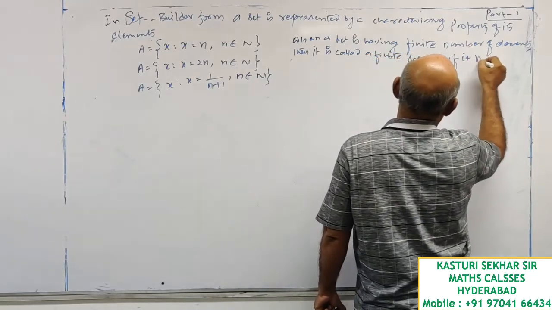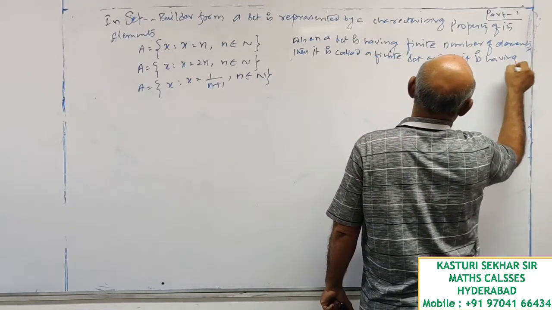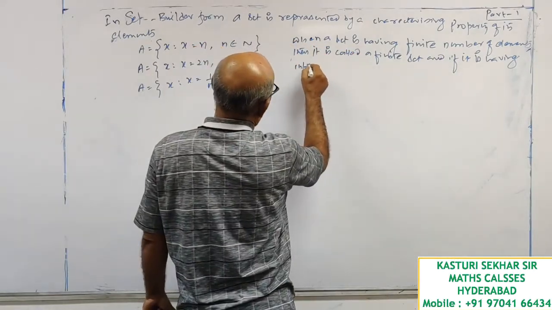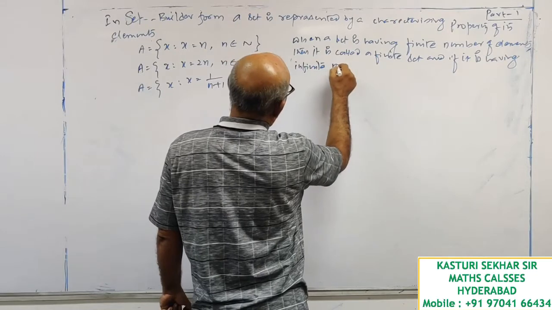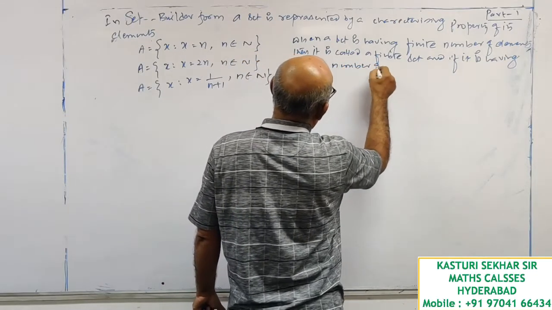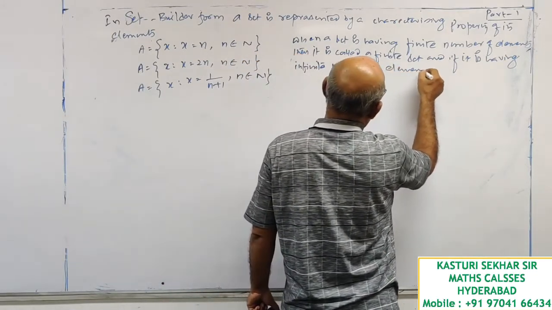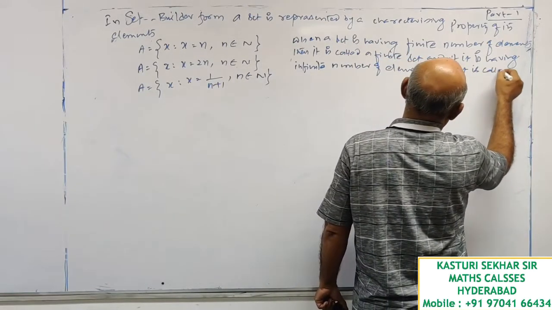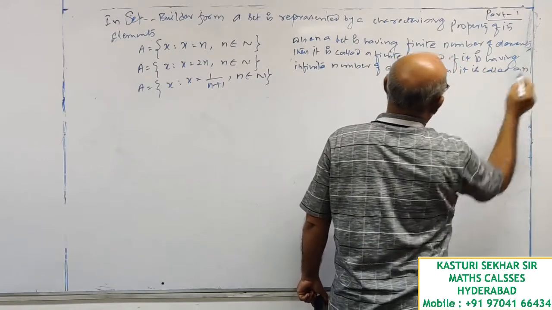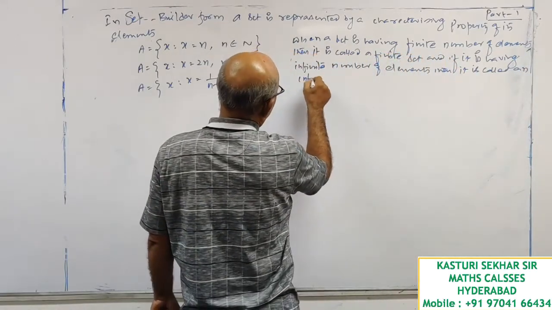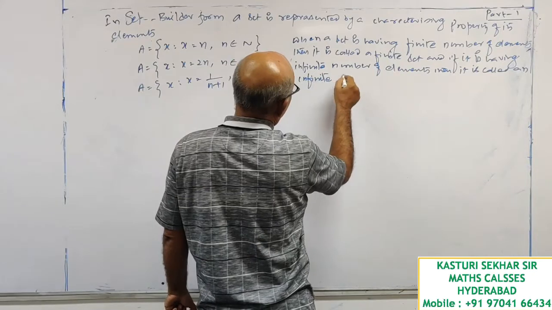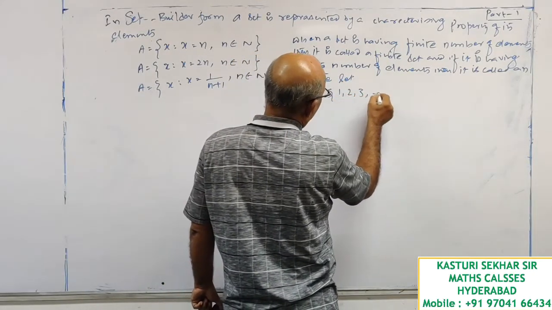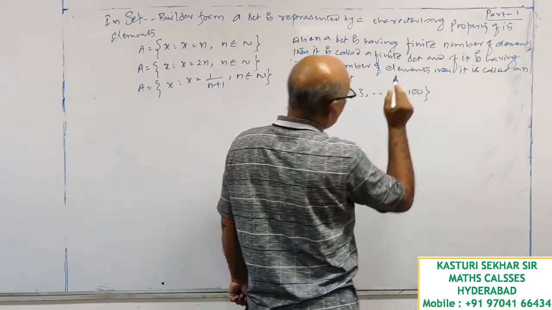And if it is having an infinite number of elements, then it is called an infinite set. For example, look at this.